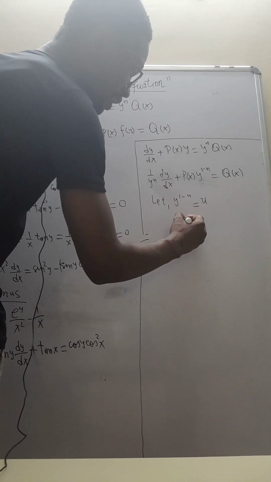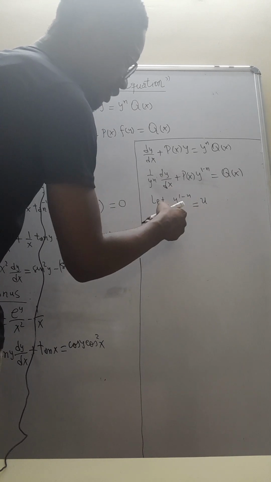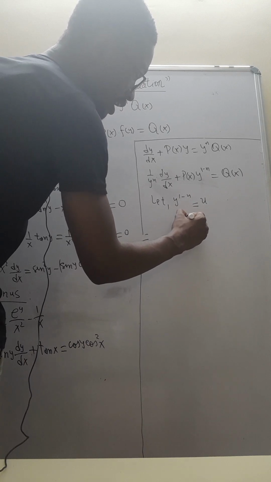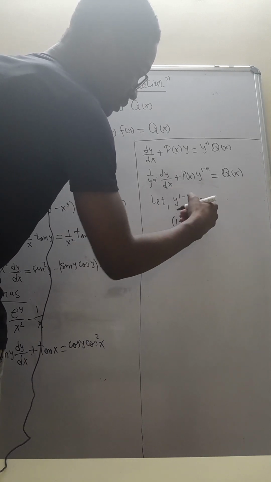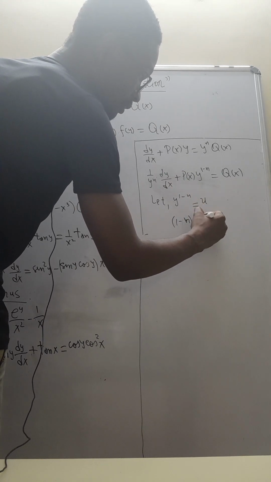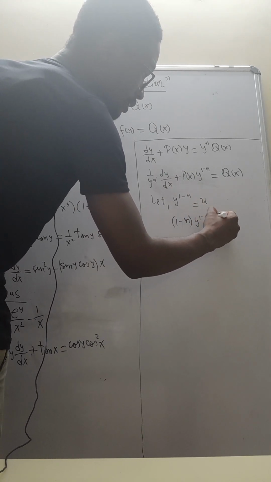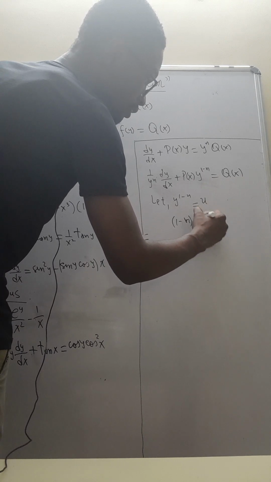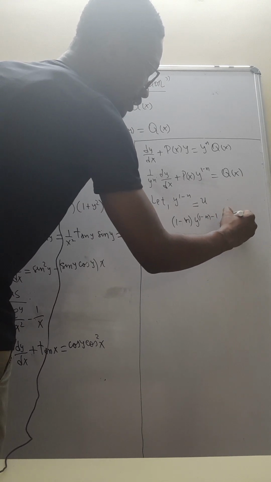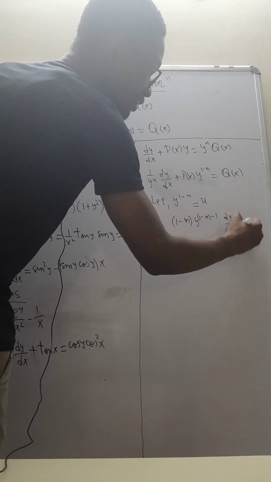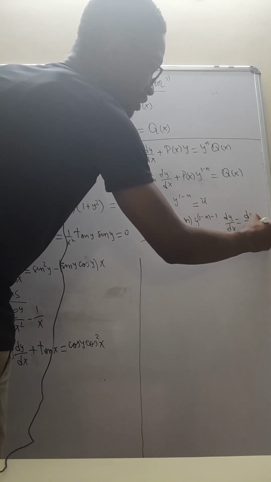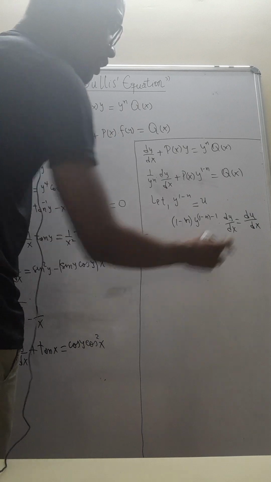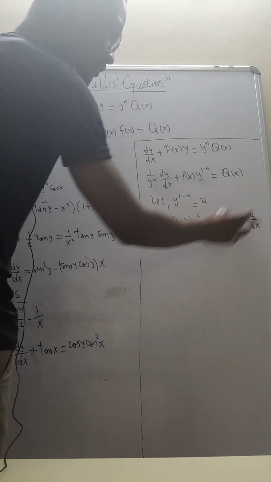So what you are going to have here, if you differentiate with respect to x, it will be 1 minus n. Just apply the chain rule. 1 minus n, then y raised to minus n, then dy by dx is equal to du by dx. As I told you in the beginning, u is a function of x too.